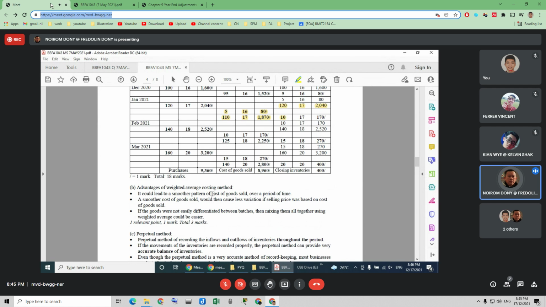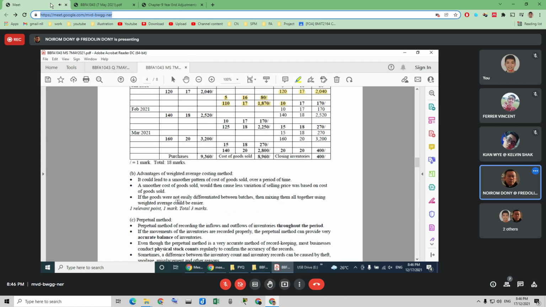So by using the weighted average, we already take into account all these costs in the calculated average cost. So it is much easier. So these are the advantages.